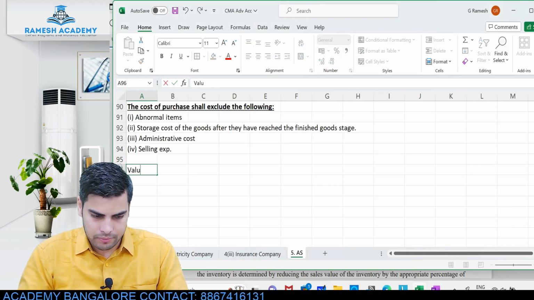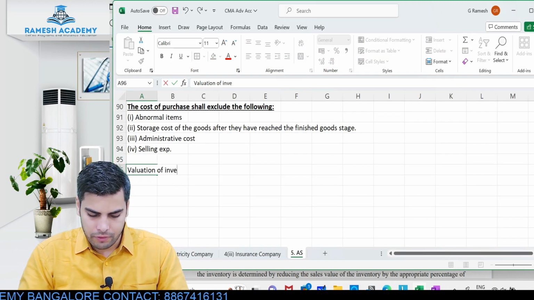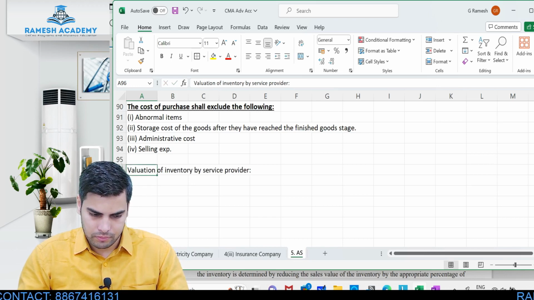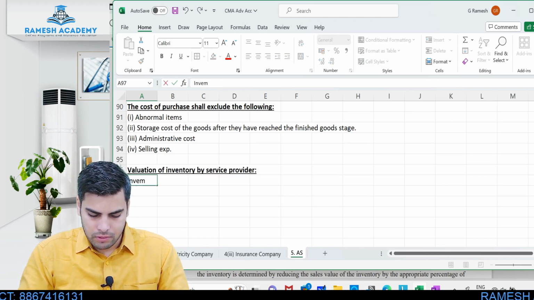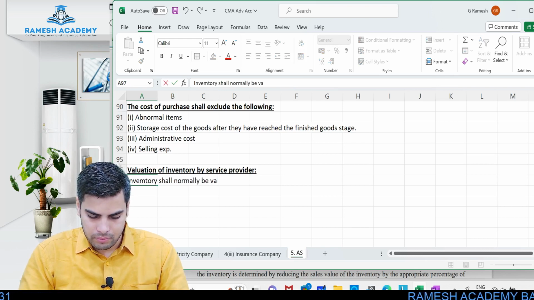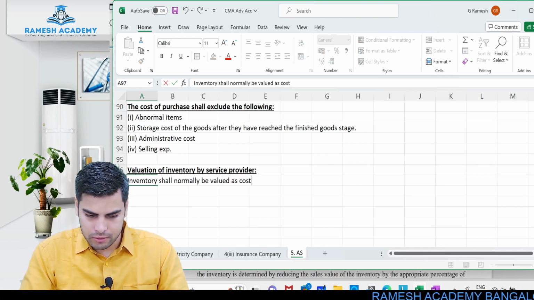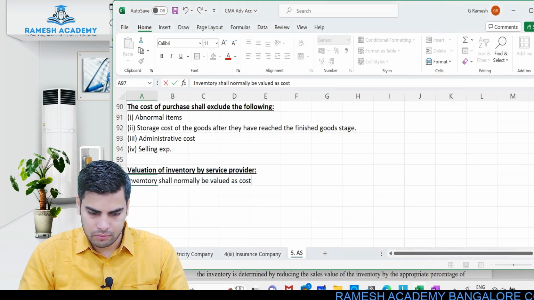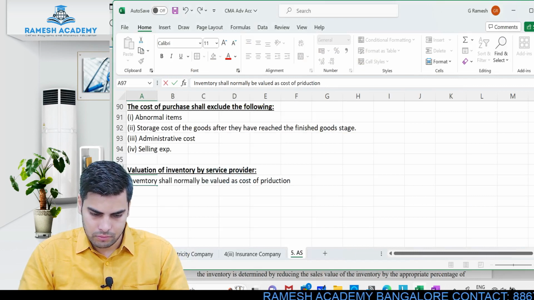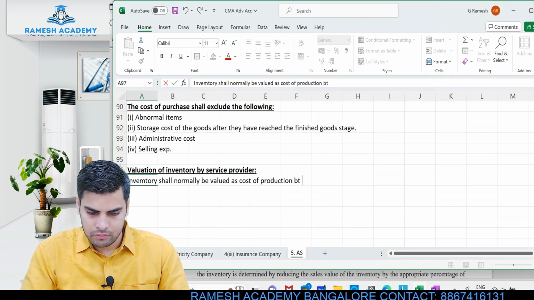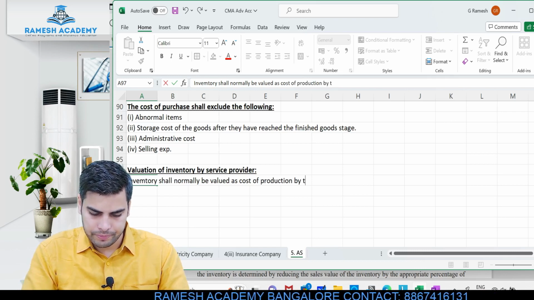So valuation of inventory by service provider. Inventory shall normally be valued at cost of production by the service provider.